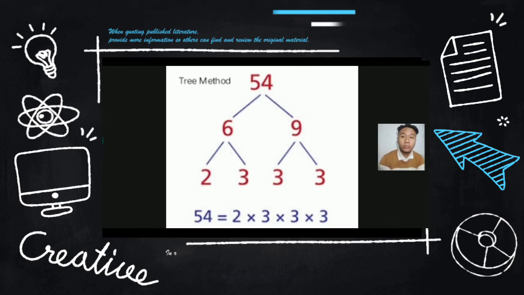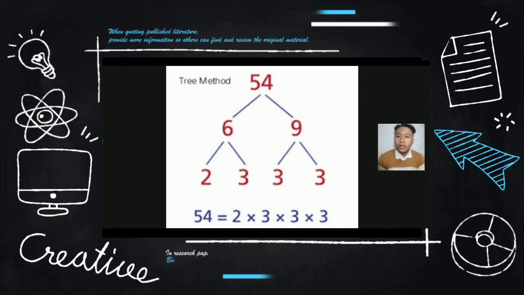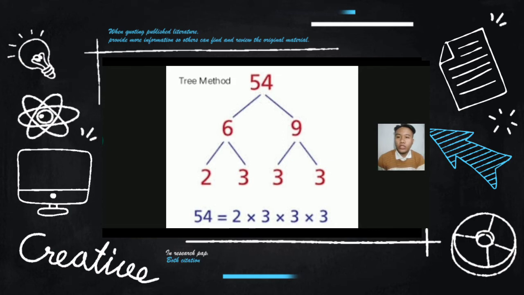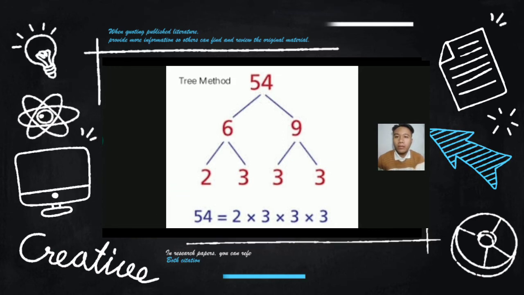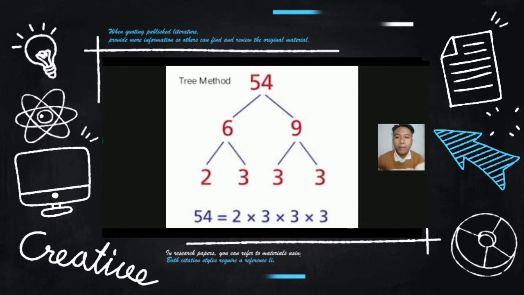So, ayun, hindi na siya pwedeng pababain pa or i-lowest term pa kasi max na yan. So, ayan, nakuha na natin yung prime factors nila which is 2, 3, 3, 3. So, para maalaman natin kung tama ba yung factorization na ginawa natin, imumultiply natin silang apat, yung 2, 3, 3, 3.